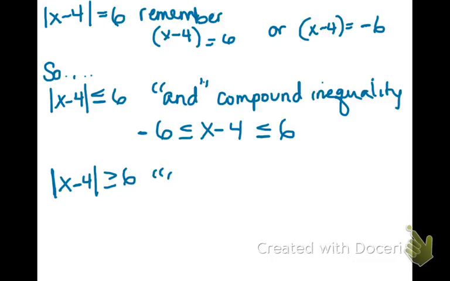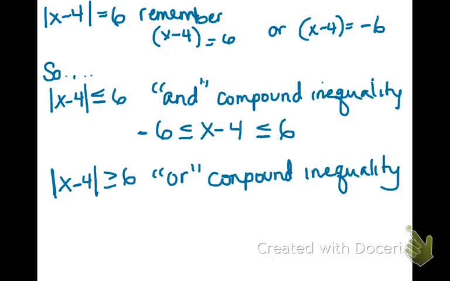So this is an or compound inequality. And this looks like this: we have our expression x minus 4 is greater than or equal to 6, or x minus 4 is less than or equal to negative 6.